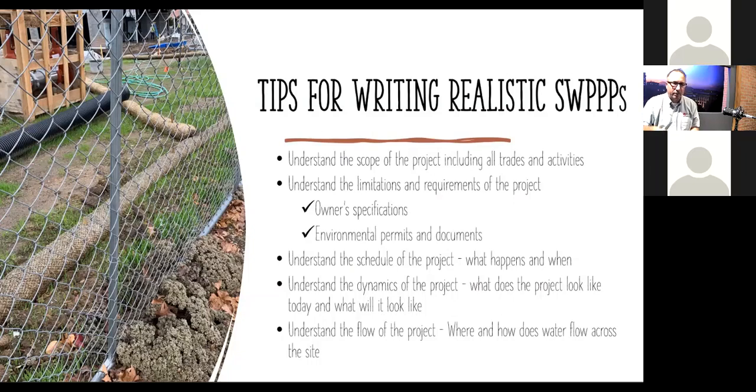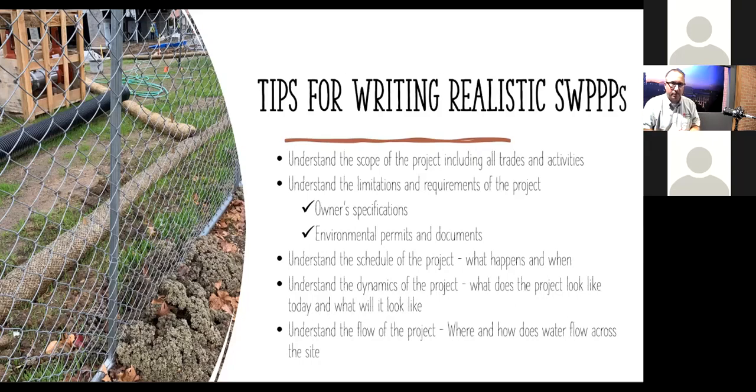Now, typically electricians wouldn't be way high on our radar as far as potential pollutants, but it's a cumulative effect. We want to look at not only electricians, we want to look at the drywallers, the insulation installers, the roofers, the AC guys, the asphalters, we want to look at all of these trades, of course, the painters, and all the way to the landscapers. So when we want to write a SWPPP that's effective, we're not only looking at demolition and grading and earthwork, but we want to look at all the different things that are happening during the vertical stage.